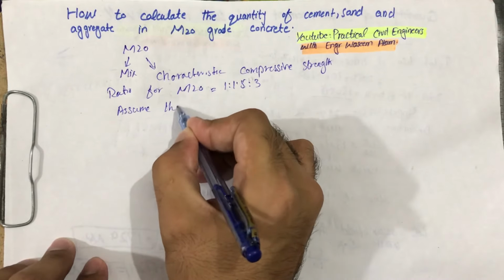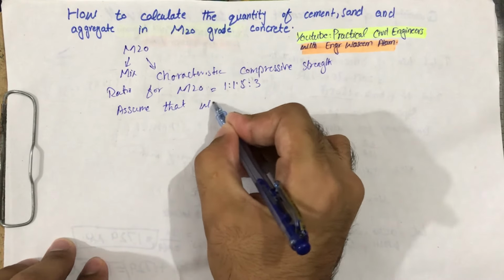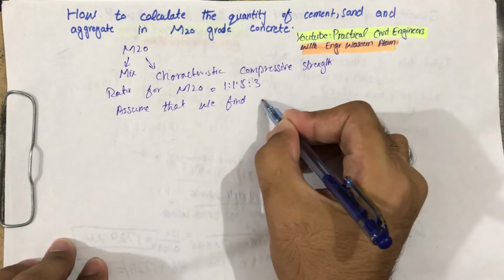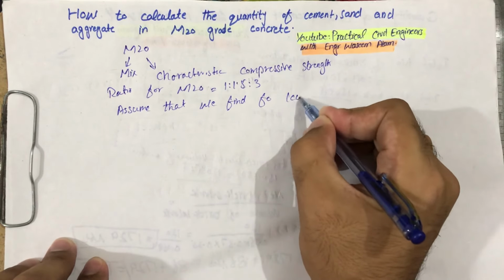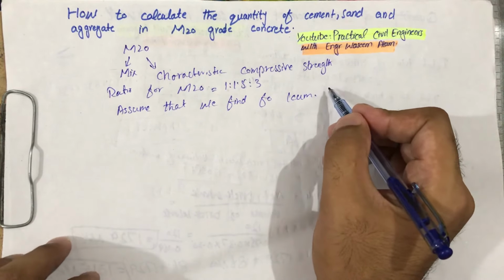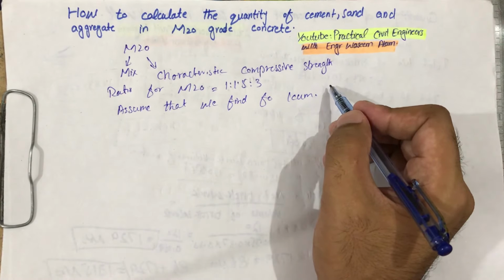Assume that we have to find the quantities for 1 cubic meter. You can then multiply according to your quantity.